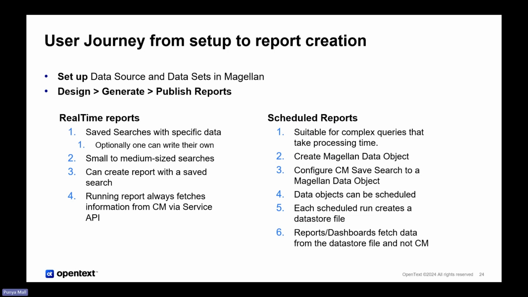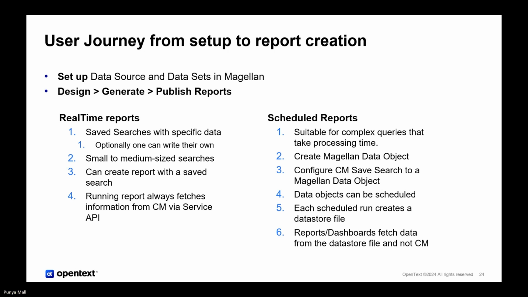Okay, so we have a short demo right here, but before that, I'll talk about what we are going to see in this demo. We have two methods to create the reports. We can choose to create real-time reports, or we can choose to have scheduled reports.